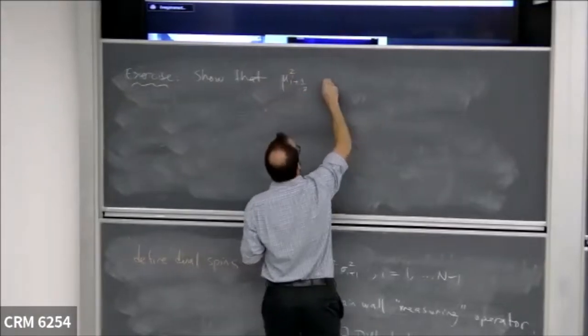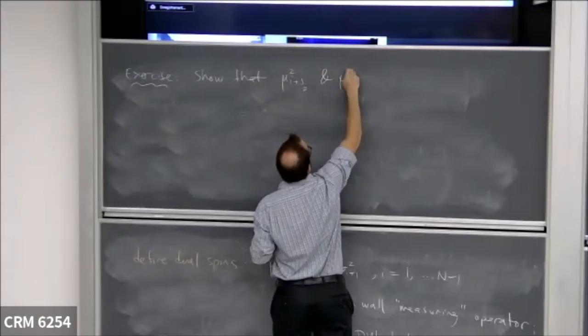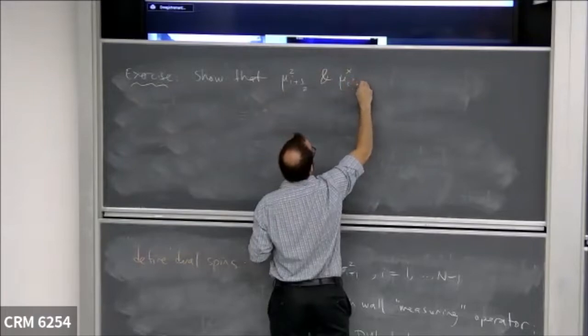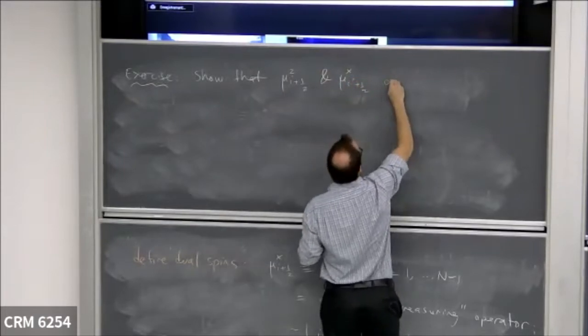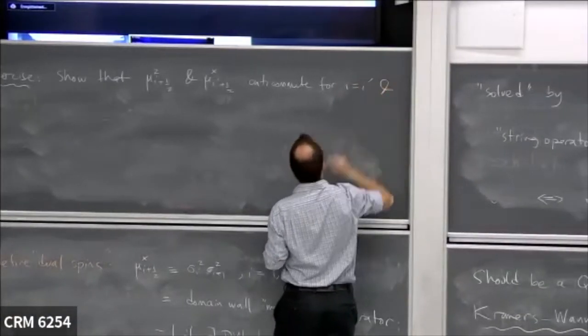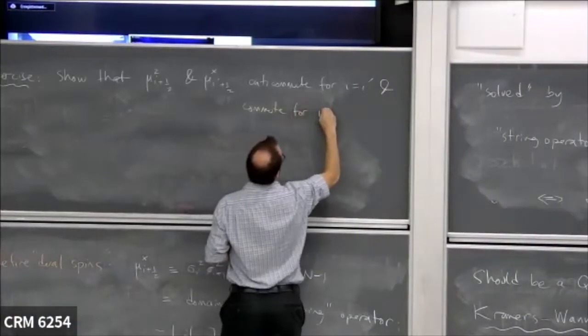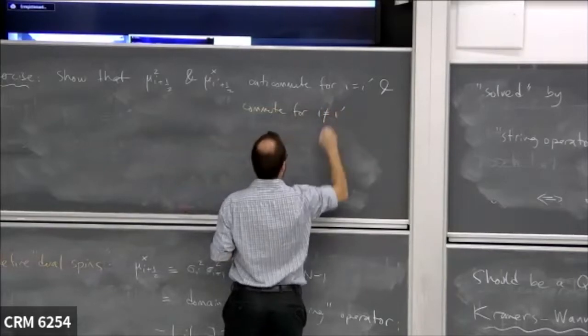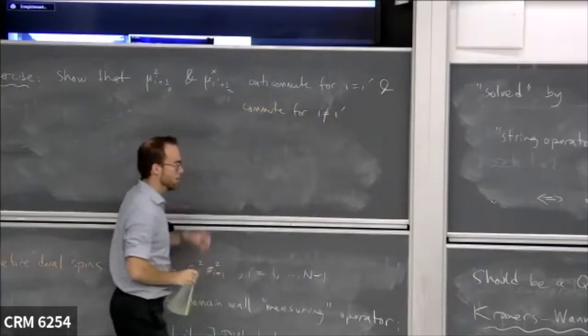So you can show that mu z I plus 1/2 and mu x I prime plus 1/2 anti-commute for I equals I prime and commute for I different from I prime. It's not that hard to show.